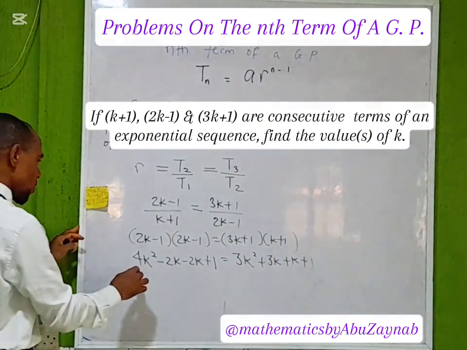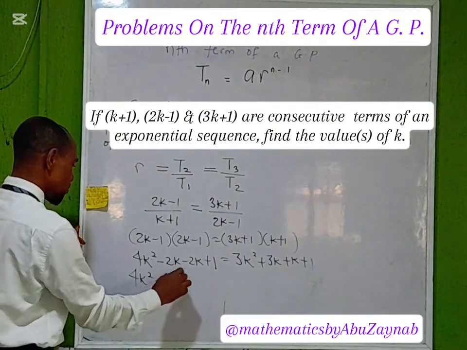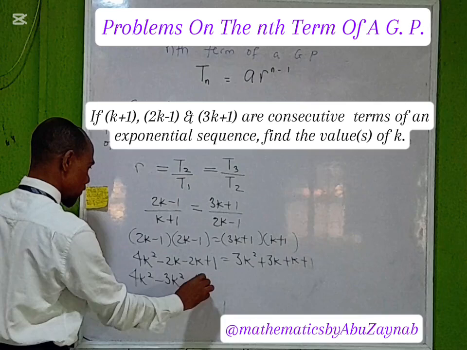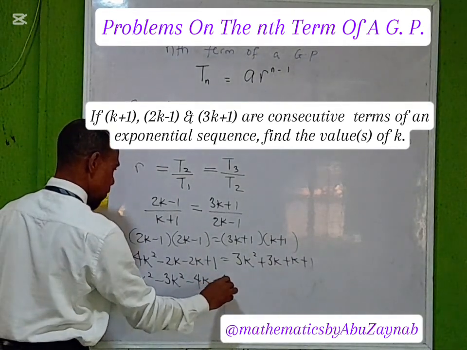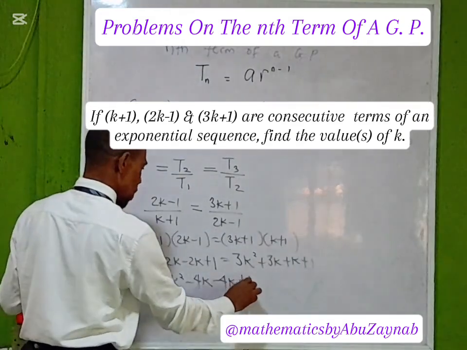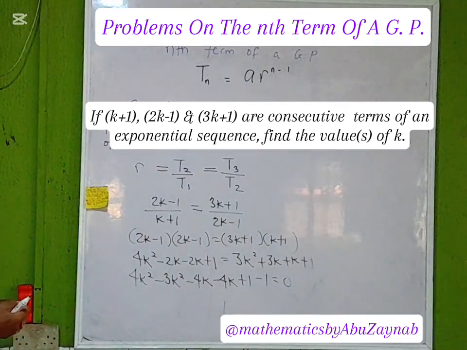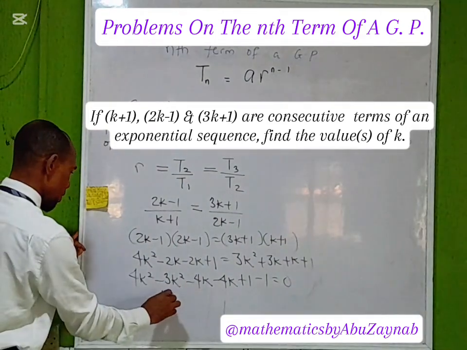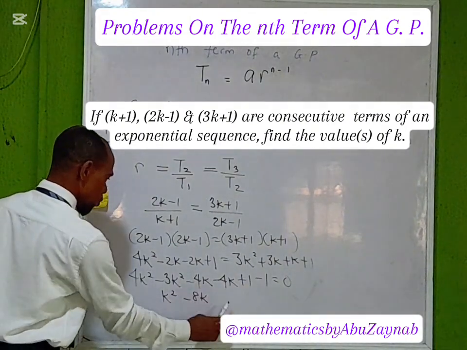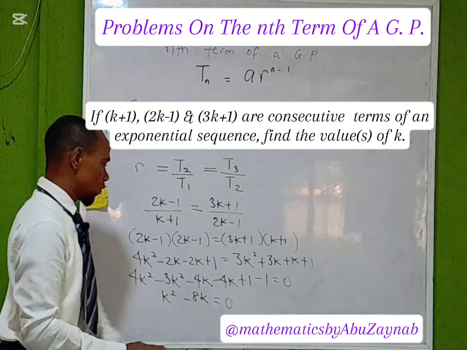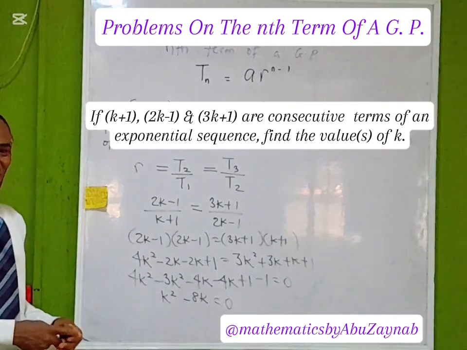Collecting like terms, I'm going to have 4k squared minus 3k squared. This is minus 4k on the left hand side, and we have 4k here as well. That becomes minus 8k. Then plus 1 minus 1 equals 0. So I have fully collected like terms to the left hand side. And this gives k squared minus 8k equals 0, because 1 minus 1 is 0. Hence, we have resulted in a brand new topic again, quadratic equation.